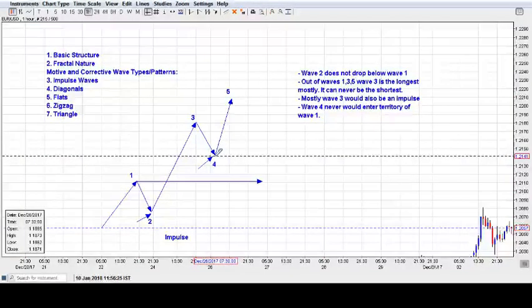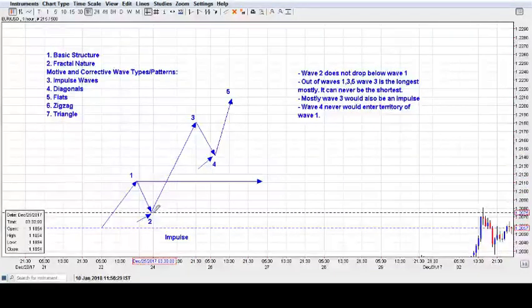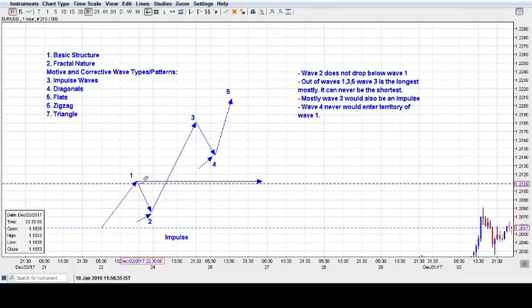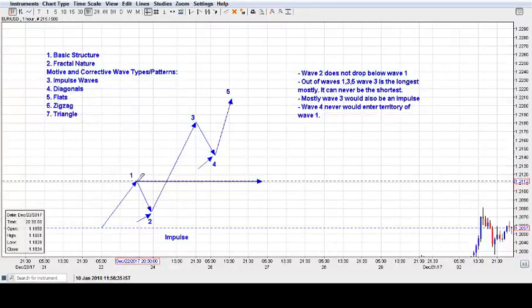Okay, now where do you place your stop loss? It is up to you. You either place your stop loss below the second wave, the termination point of wave 2, but technically, even if you place your stop loss a few points below the high point of wave 1, it will suffice.